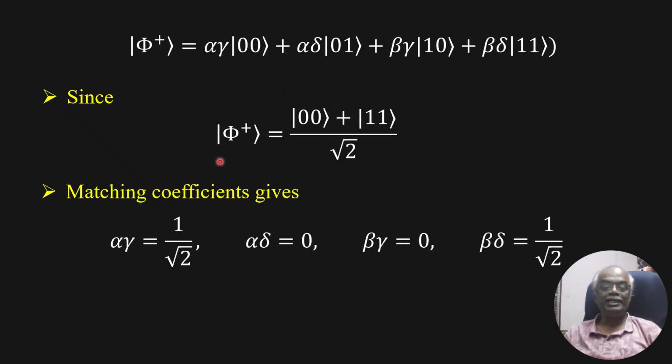We are comparing the coefficients, so here it must be 0. That is, alpha multiplied by delta equals 0. This also must be 0, that is, beta gamma equals 0. What about this? Beta delta is equal to 1 over √2. After matching the coefficients of the product and this Bell state, you get it like this. Then we will verify it further.